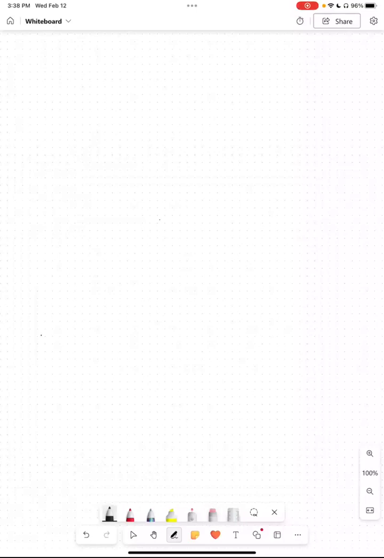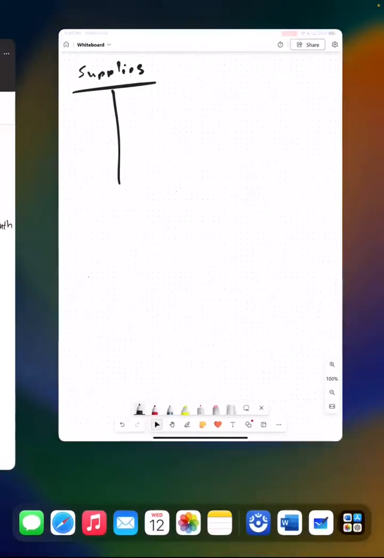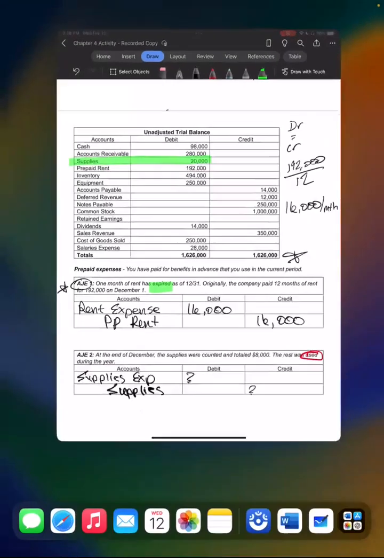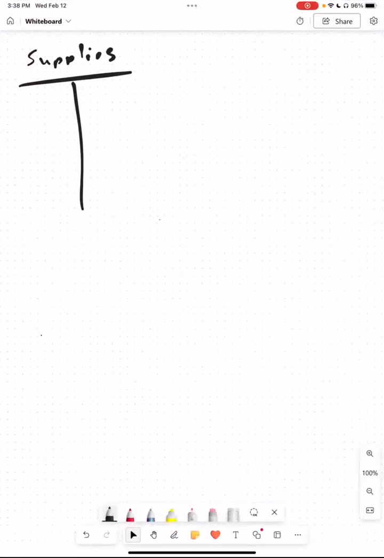Okay. So what we end up having is we've got the supplies account, right? And it started with, let's see, what did it tell us? If we look up here, we can see that supplies started with $20,000 in it. So what that is telling us really is that, hey, at the beginning of the year, we had $20,000 in here, okay?